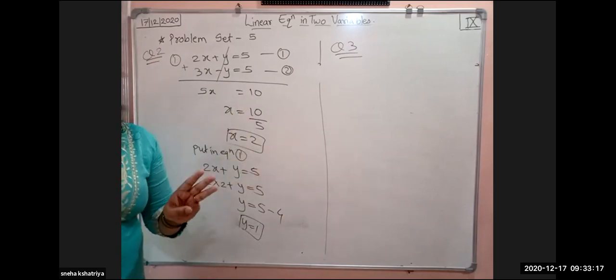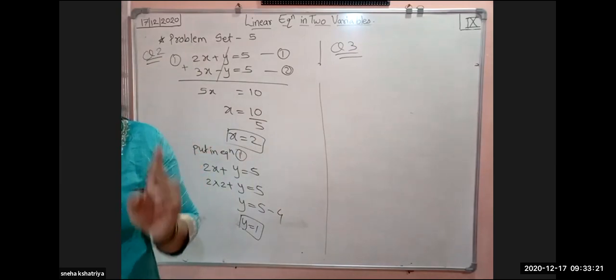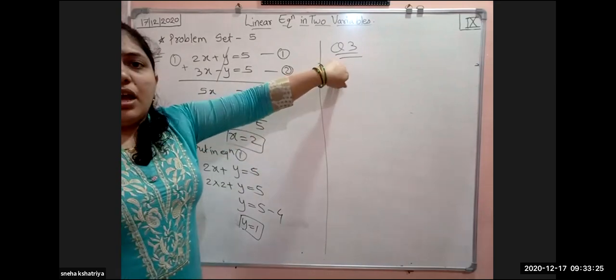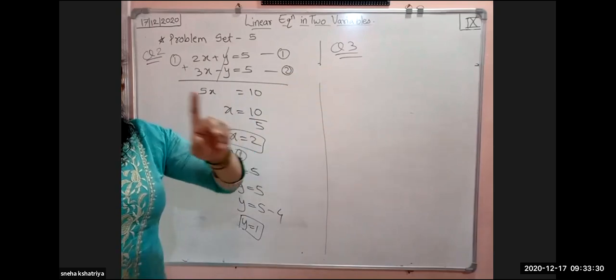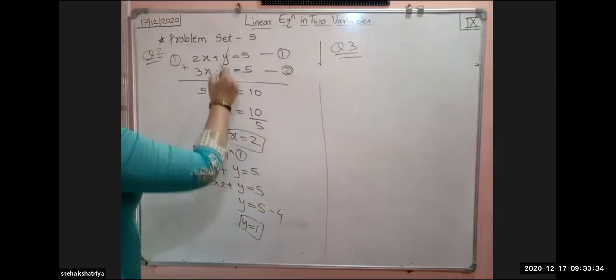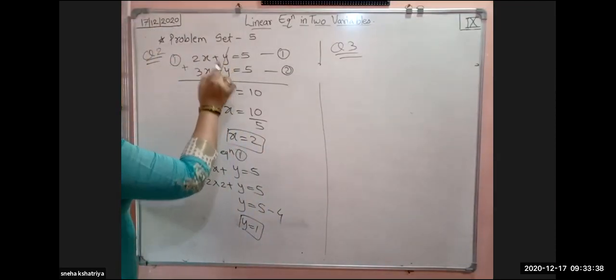But in question number 3, what they are saying is, by equating coefficients of variables, solve the following equation. Here you have to use the elimination method only, because they say by equating coefficients. Equating coefficients means we adjust the coefficient of y.